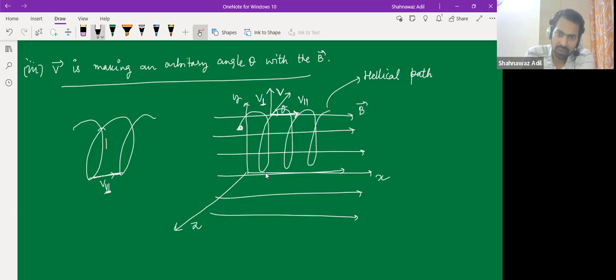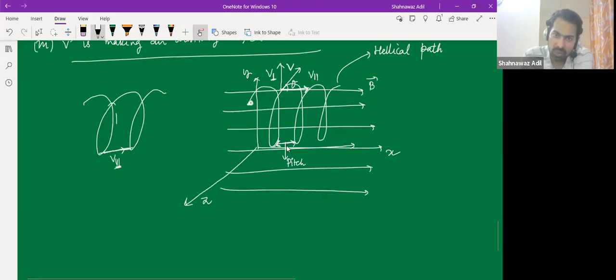Yes, sir. So then we have a thing which is called pitch. The distance between two consecutive circular paths is called pitch, right? So how do we calculate this pitch? Between the consecutive pitch, it completed one circular motion, right?